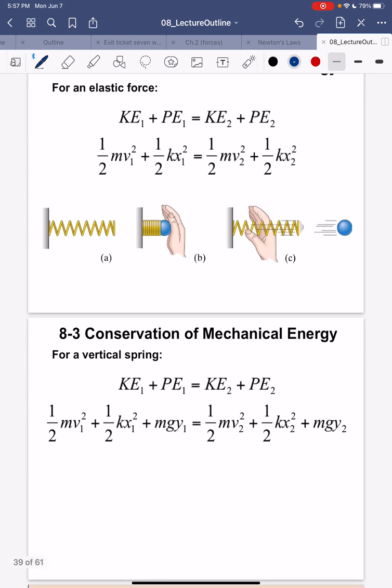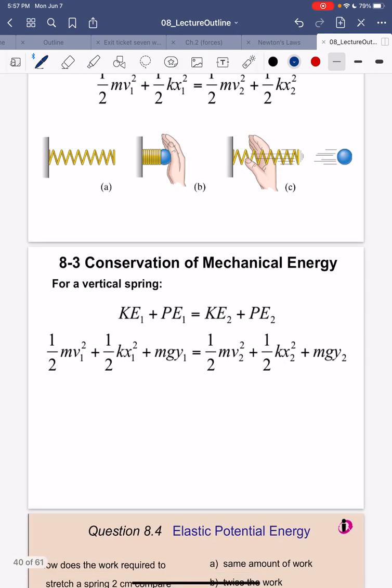And if there is a change in vertical position, then the gravitational potential energy is going to change, and I need to include a term related to the gravitational potential energy.